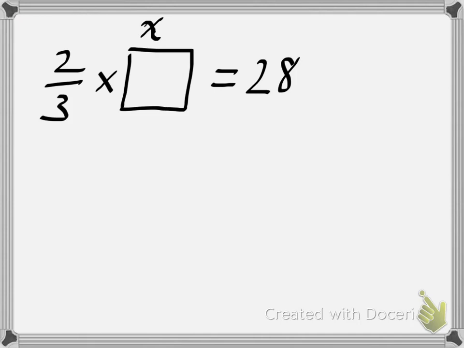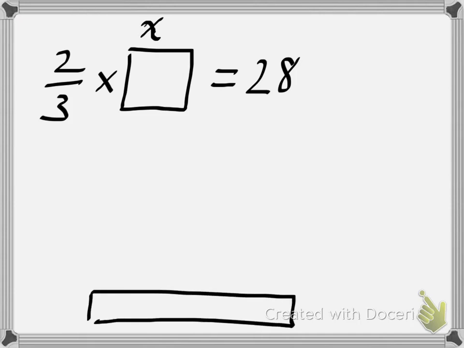Now we can do this right here, and we know we can cut this into thirds, and we know that 2/3 is $28. And if we do that, that is going to tell us that 28 has to go into these two boxes. So 28 divided by 2 gives us 14 in this box, 14 in this box.